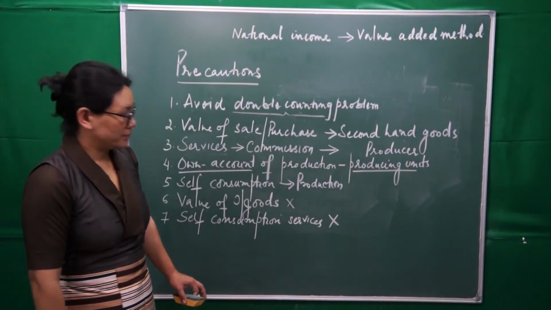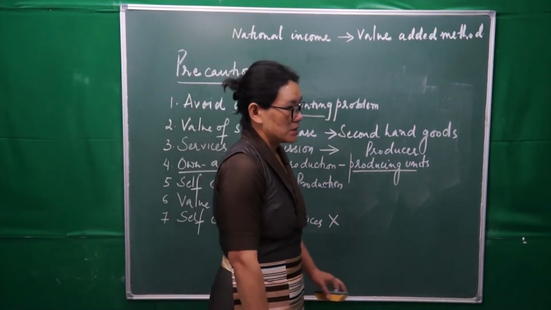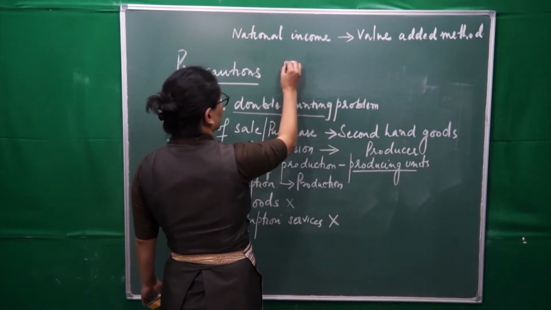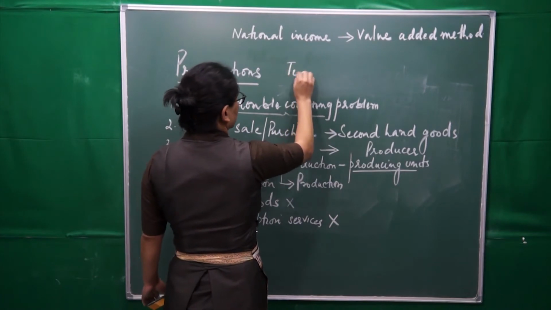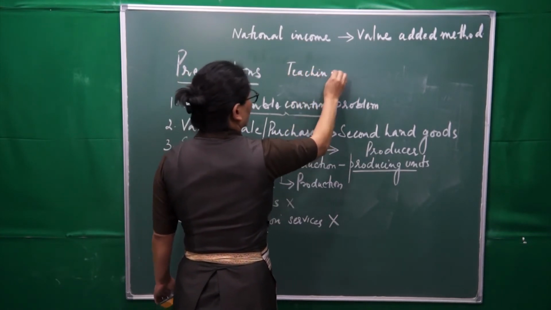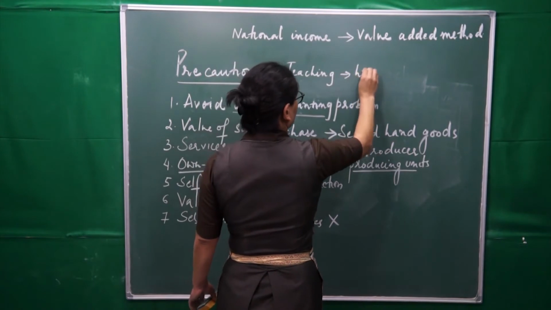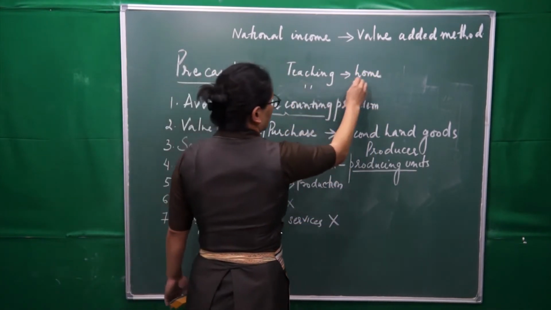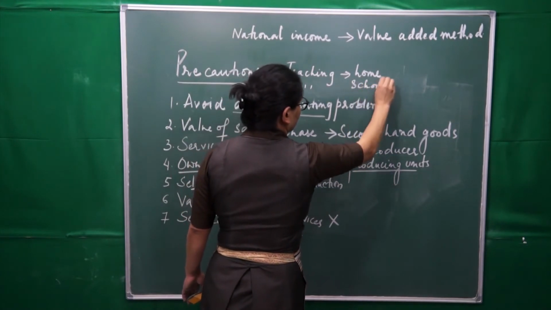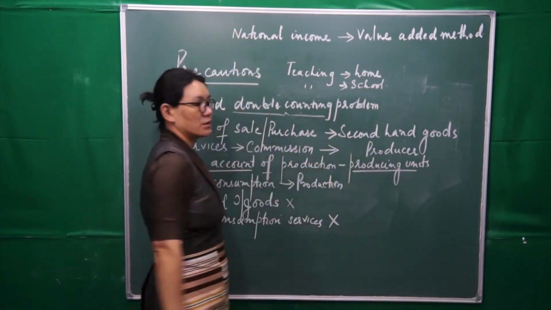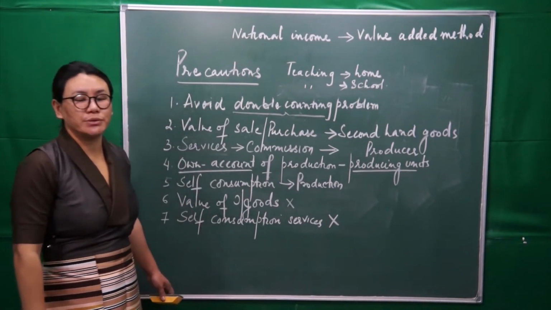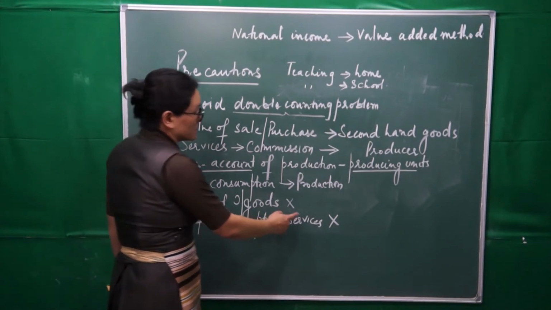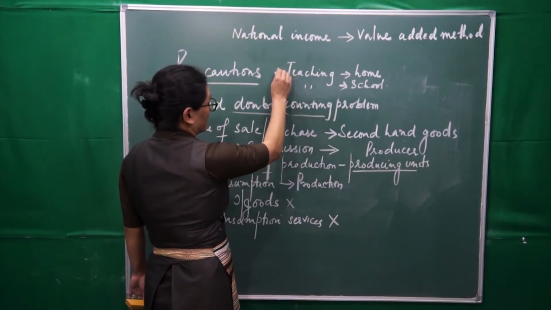One example: say I'm teaching my own son, teaching at home, versus teaching at school. Do you find any difference between these two? The first one is an example of self-consumption services.